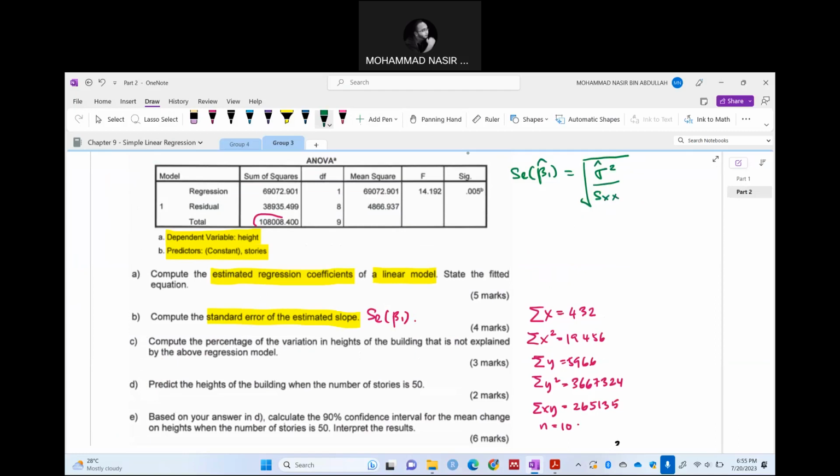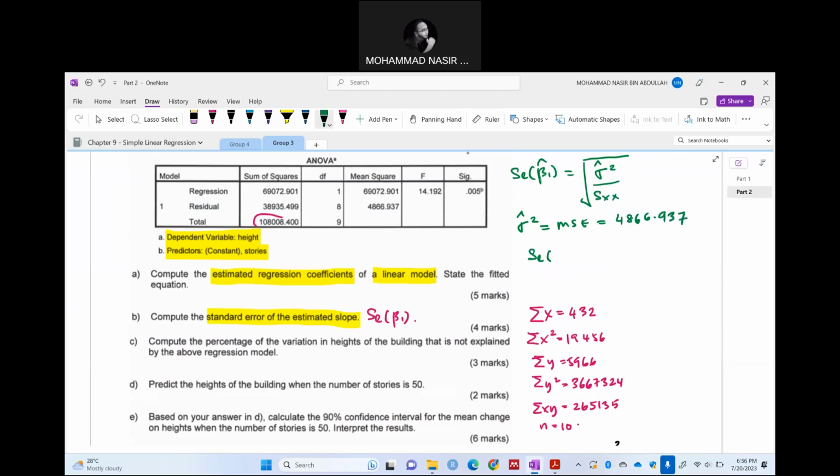So sigma square is equal to MSE, right? So this one should be equal to 4866.937.